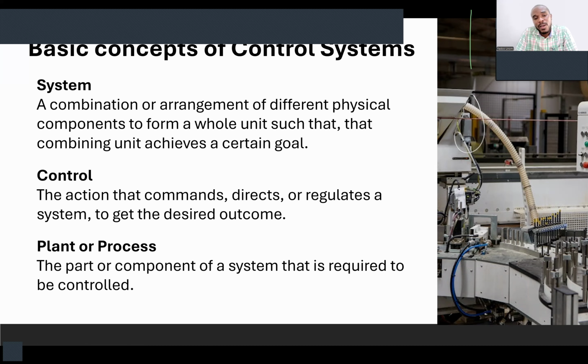So, control. What is control? Control, as the name implies, is that action, right, that commands, that directs, that regulates a system to get a desired outcome. So any action that does something to a system, it controls the system. It is a control. Is that okay?